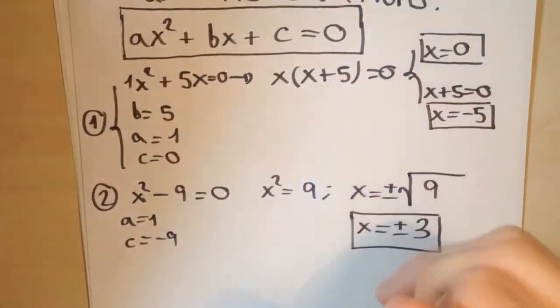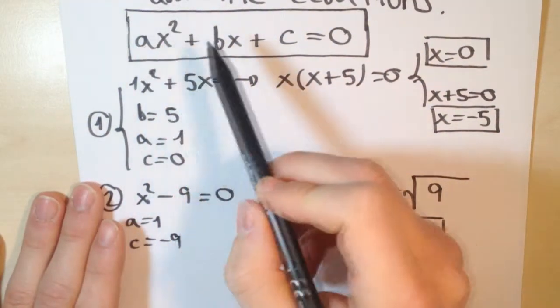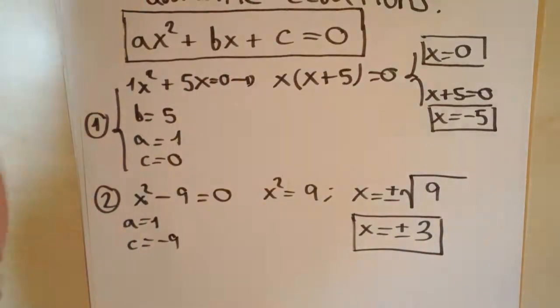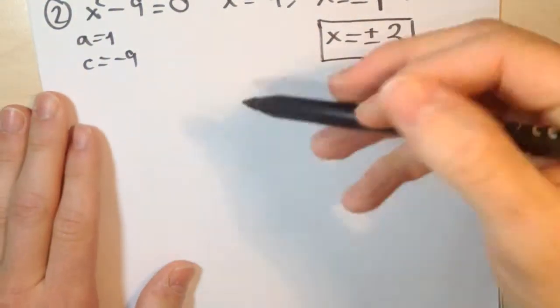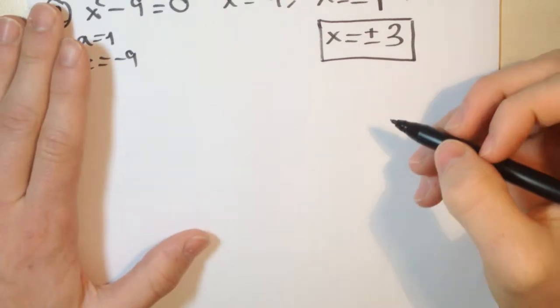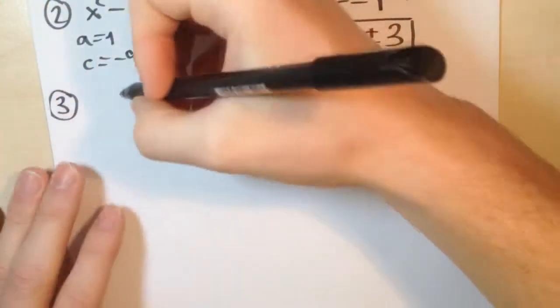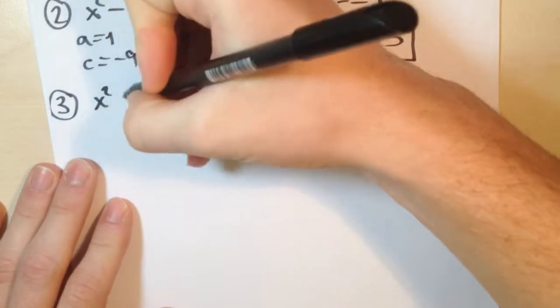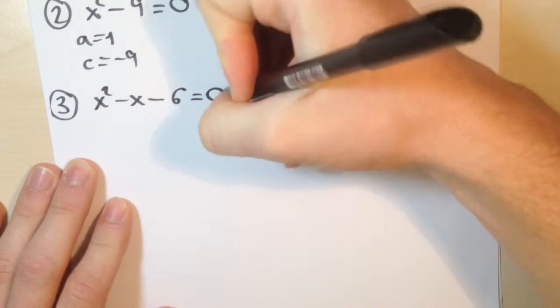So the last situation is we have a and b and c. I'm going to give you an example, and I will teach you how to solve this. We have, for example, in the third situation, x squared minus x minus 6 equals 0.